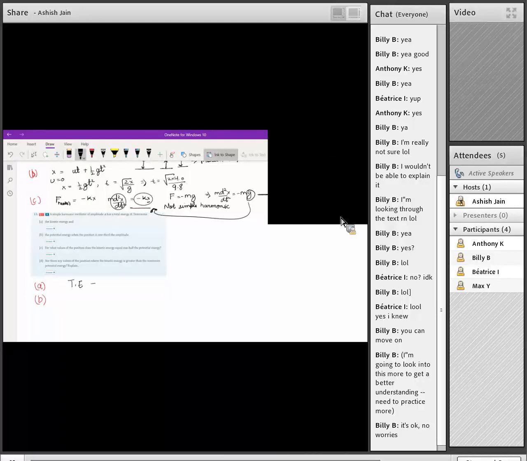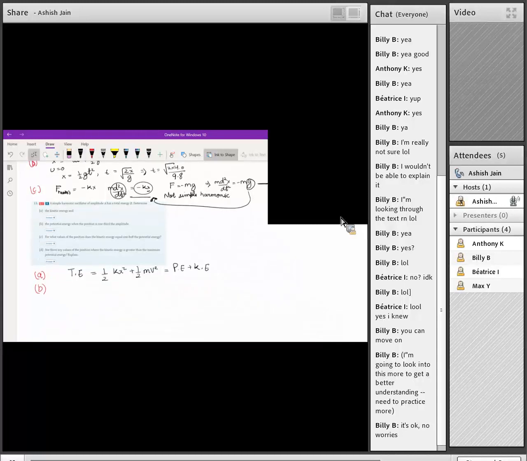Total energy of the simple harmonic oscillator is the sum of potential energy plus kinetic energy. Potential energy is half kx square, and kinetic energy is half mv square.